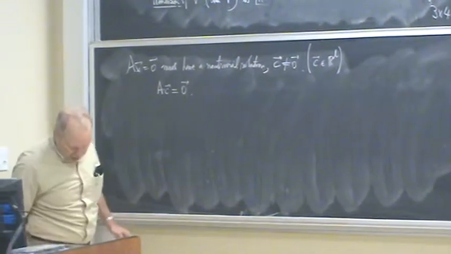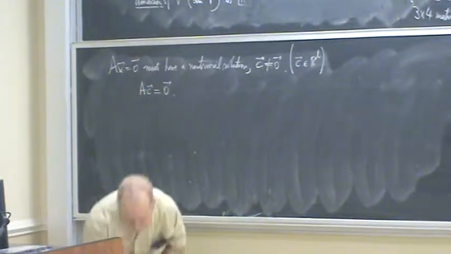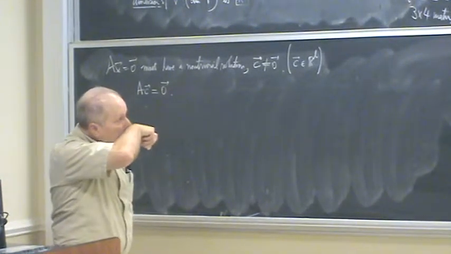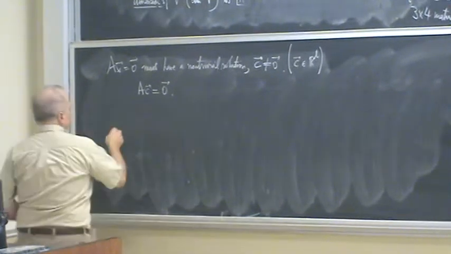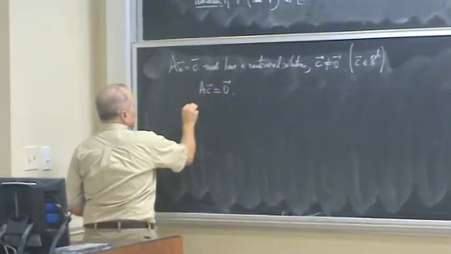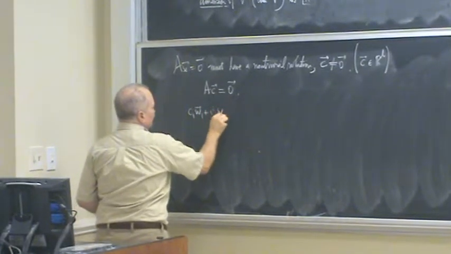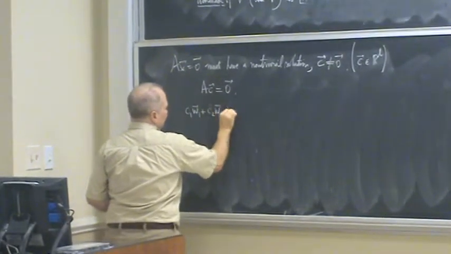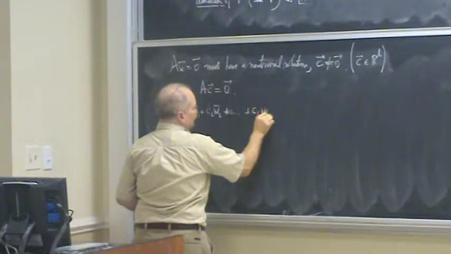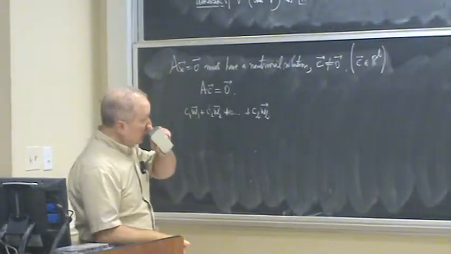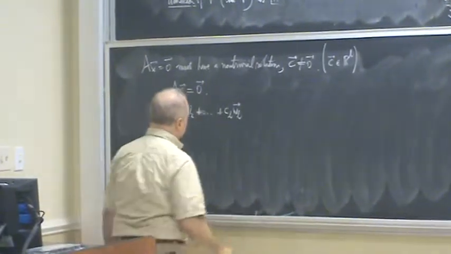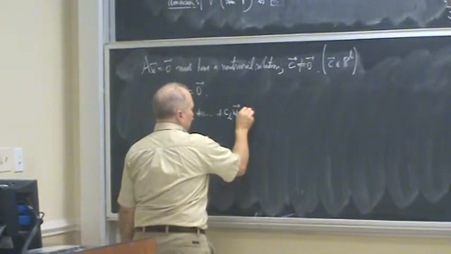What does that tell me about my W's? There's a linear combination of W's that gives you 0. If I took that combination of the W's, what do I get? 0.